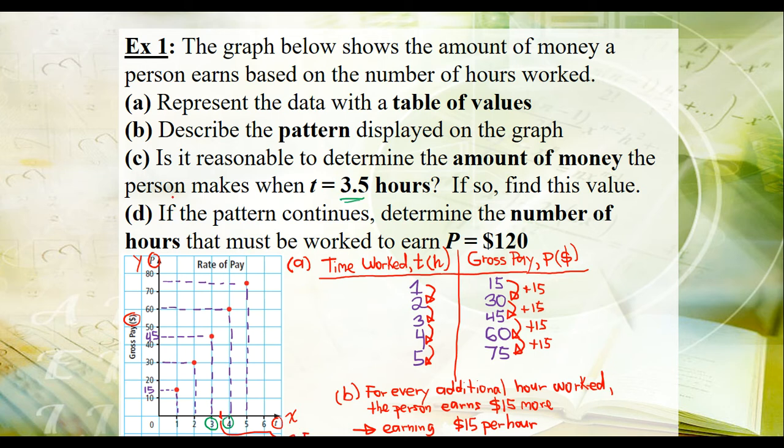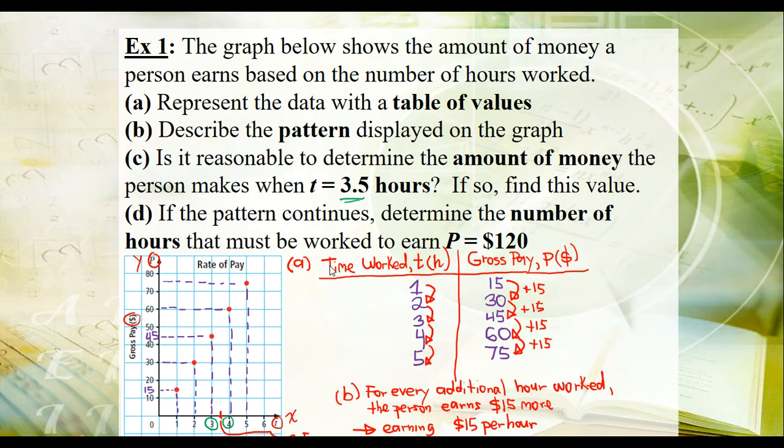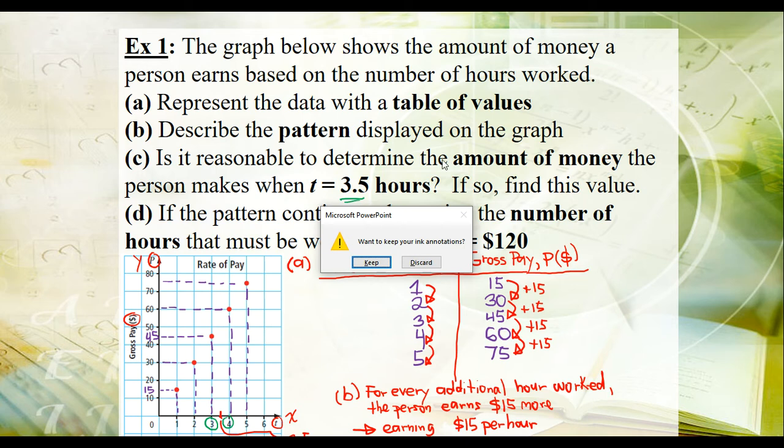Okay, so now, first of all, in order to make a prediction from the graph, we need to construct a line. So if the data is continuous, this tells me I can actually draw a solid line. If the data was discrete, you can still make predictions. We just have to do it with a broken line. Okay, so I'm gonna go ahead and get a line here.